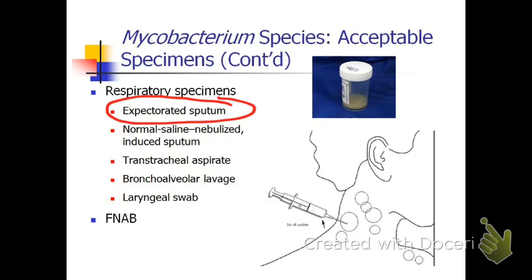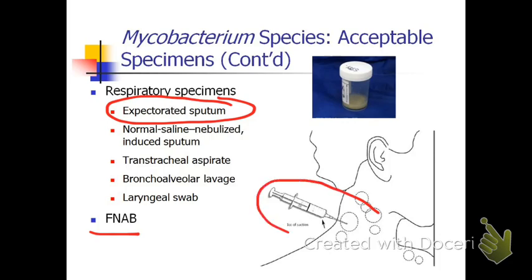Okay, sometimes normal saline nebulized induced sputum could be very ideal, especially if the patient finds it difficult to expectorate their own sputum, or for neonates or infants. Then transtracheal aspirate, bronchoalveolar lavage, laryngeal swab, or this one.